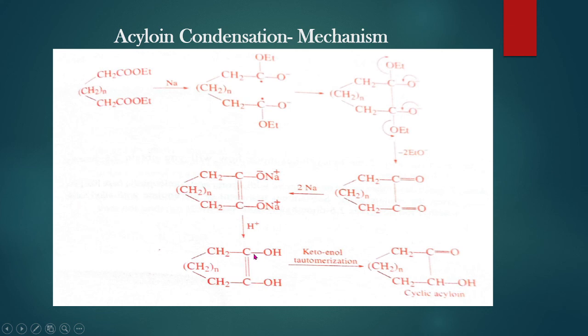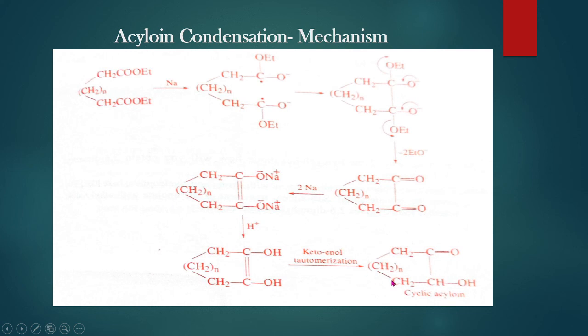That is, shifting of a proton, and the keto molecule will be converted to the enol form, and this is called keto-enol tautomerism. Proton will be shifted towards this end and the double bond will be shifted like this, and this is the cyclic acyloin.